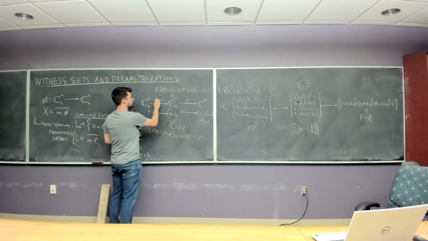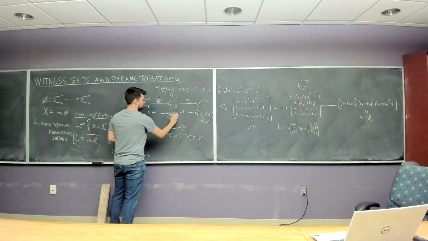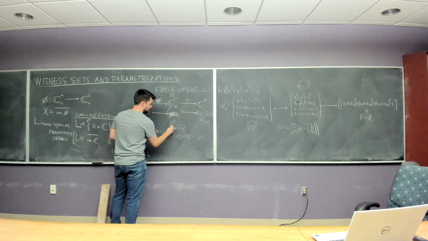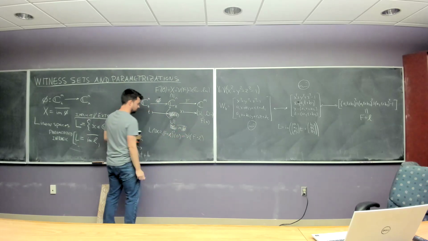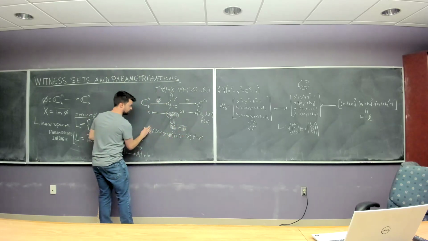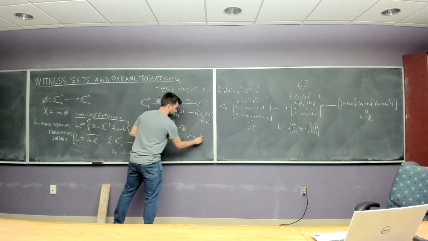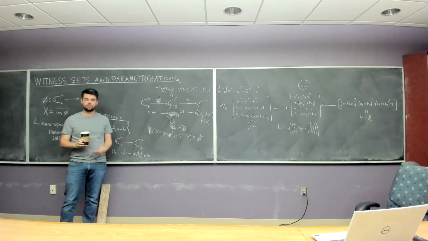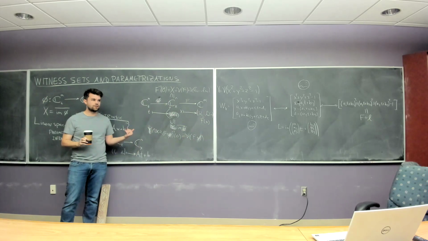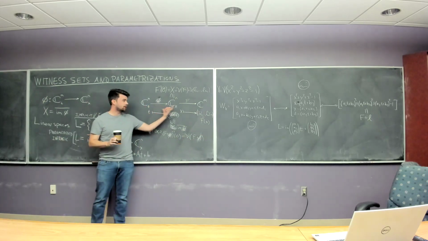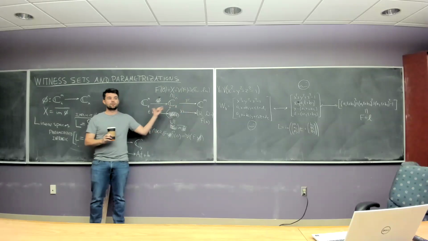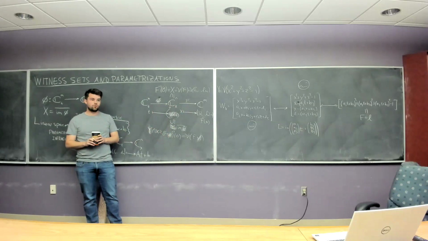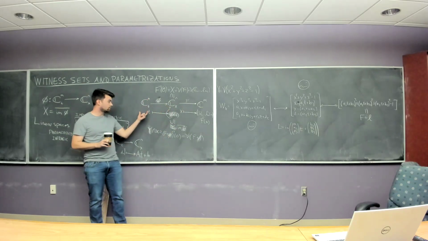When you replace this L with a P, this would become P of T, this would be some Y. So the story is totally true, not just when you're parameterizing some linear space, but when you're parameterizing some other variety. If you want to represent the intersection of the parameterized variety and the implicit variety, you do the composition. And that gives you the coordinates for the intersections in terms of the parameter values of the parameterized variety.